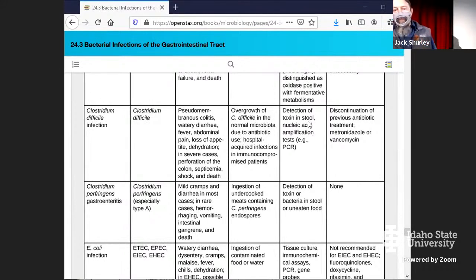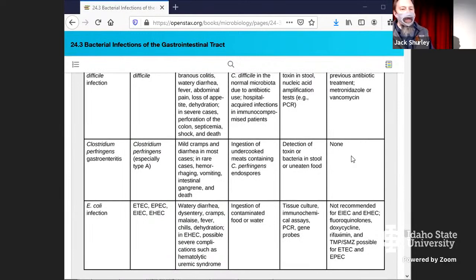So there are handfuls of ways of detecting this. And then as far as treatment goes, think about whatever you were being treated for in the first place, we ought to probably stop that. And then there's the potential of switching it up to some azoles or vancomycin, the big dogs, to in turn try to target the Clostridium. I recommend at this point, you better start eating some yogurt.